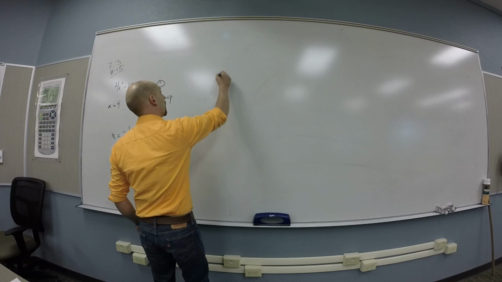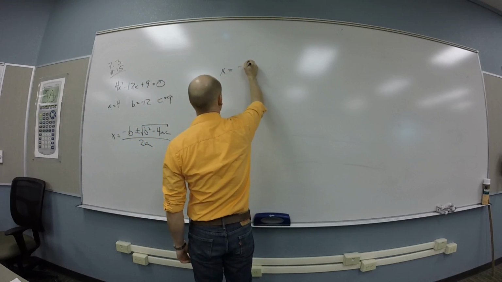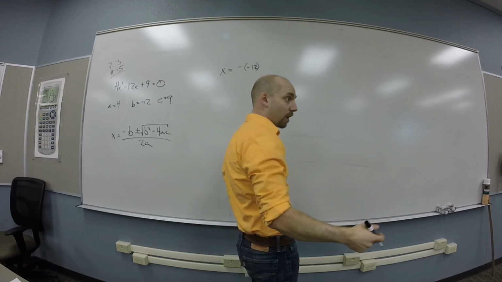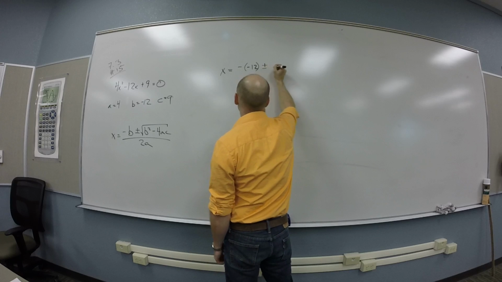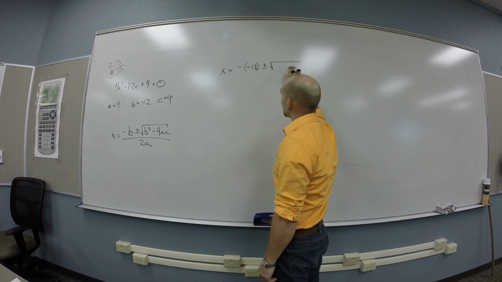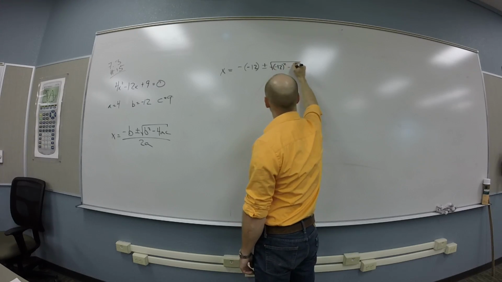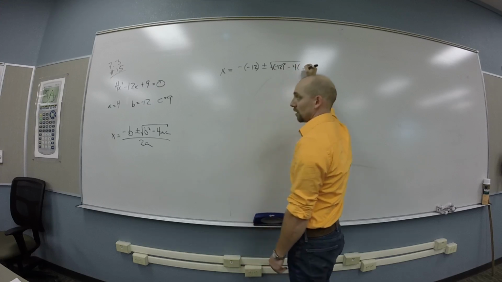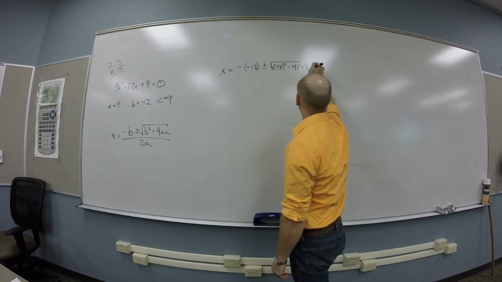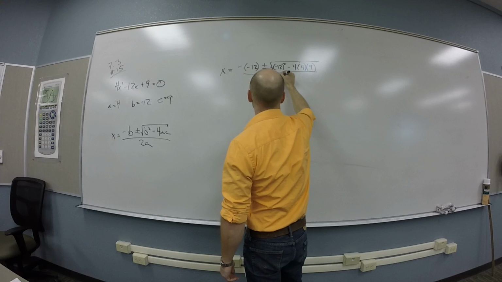So I've got, all right, x is negative, negative 12, which will be positive 12, good, plus or minus the square root of negative 12 squared minus 4 times 4 times 9, over 2 times 4.